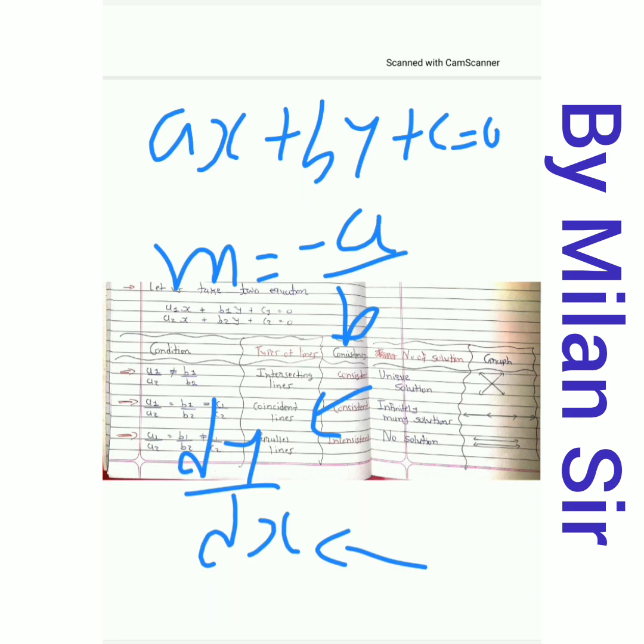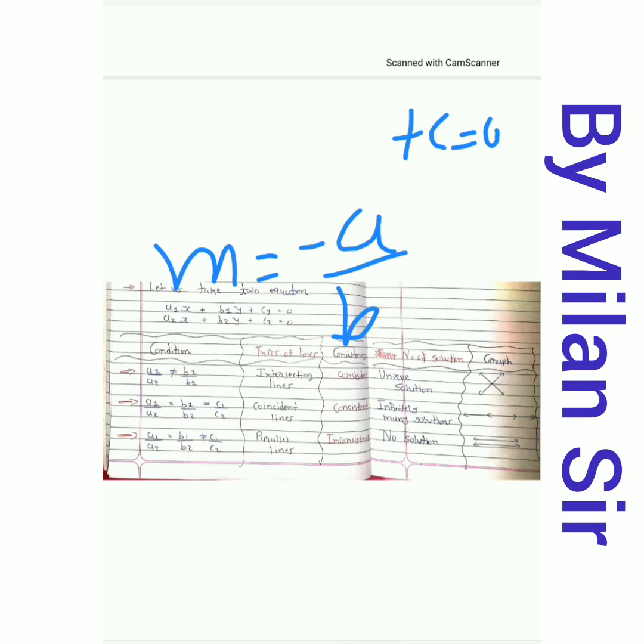But derivation you will learn in standard 11 and then 12, so you can use the derivation method there to find the slope of an equation. Right now you don't know derivation, that's why I directly tell you the slope m is equal to minus a by b.